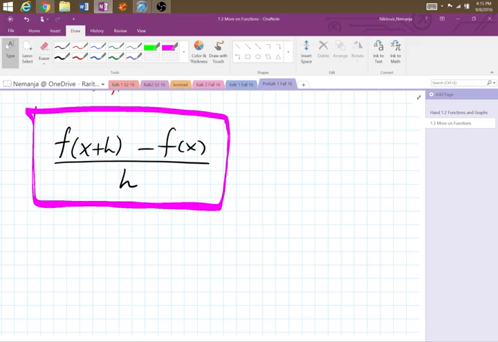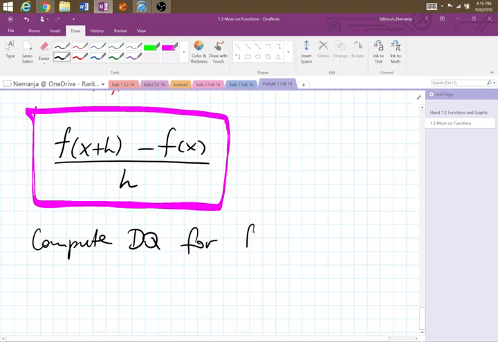Let's do this. So compute the difference quotient. So this DQ, it's not Dairy Queen, it's difference quotient in my case. So difference quotient for f of x equals, let's just start simple, x plus 5, that's it.